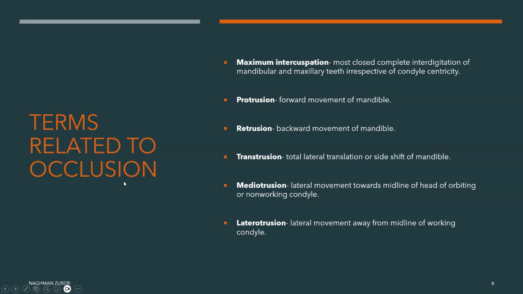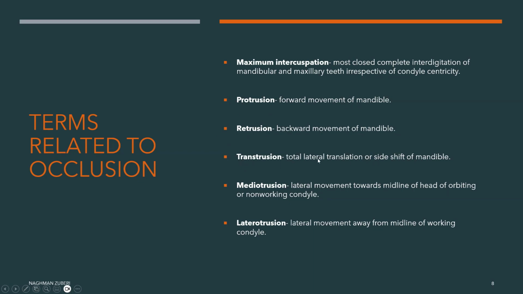Terms which are related to occlusion. Maximum intercuspation is the most closed, complete interdigitation of the mandibular and maxillary teeth irrespective of the condyle centricity. It does not mean that the condyles will be in centric position. Protrusion is the forward movement of the mandible. Retrusion is the backward movement of the mandible.